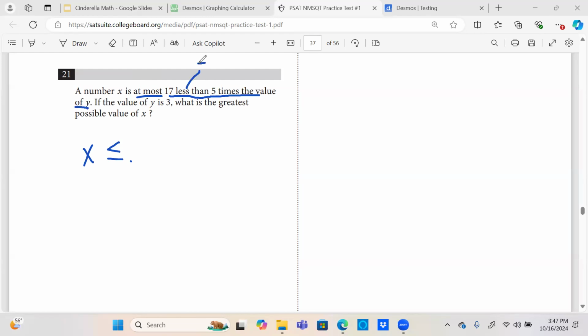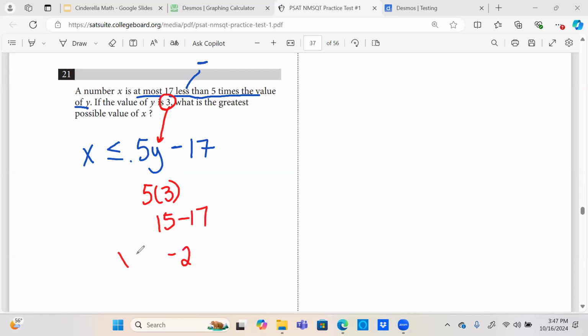So less than means minus, and we put 17 in the back, 5 times y. If the value of y is 3, so pop that in. 5 times 3 is 15 minus 17, so negative 2. So x is less than or equal to negative 2.